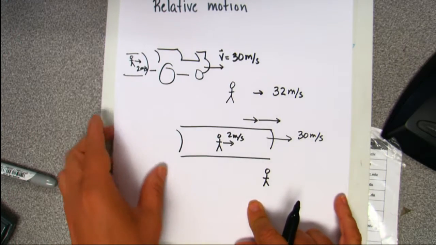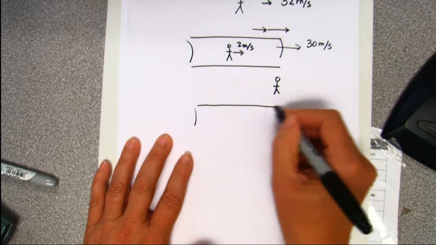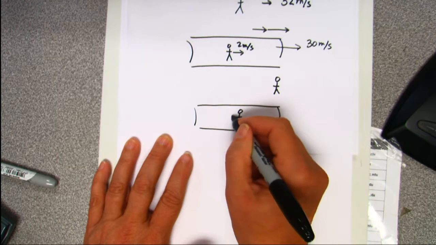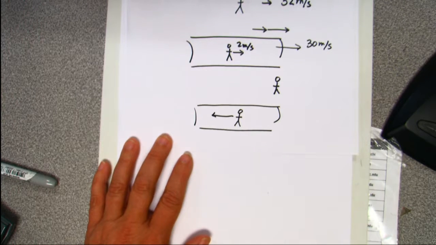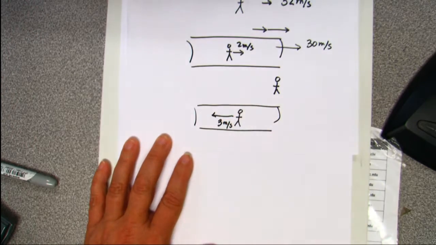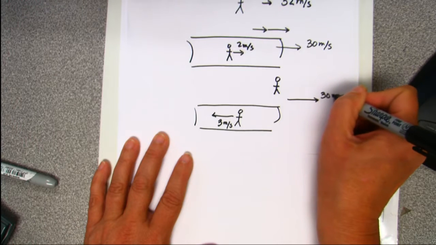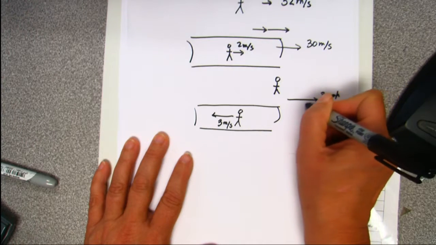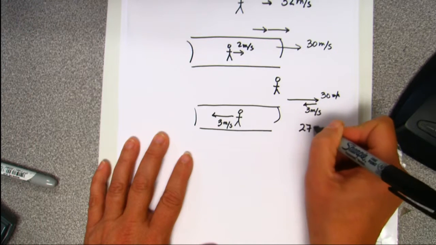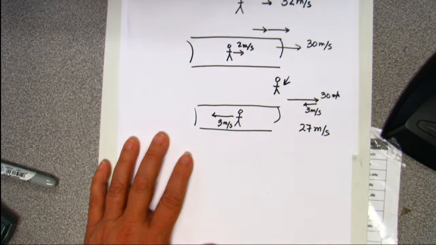And we can do a similar thing if I'm on the rail car and I'm moving towards the back at 3 meters per second. I have the vector that's 30 meters per second, but I'm going back 3 meters per second, and that's 27 meters per second as this person sees it.